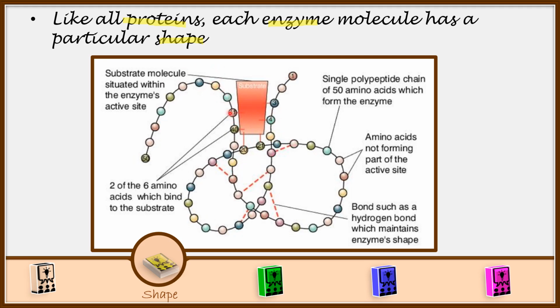So it forms a shape where that substrate can fit, and it will only work on this type of substrate because this is the only substrate that can fit in the active site. So it has only this particular shape to work on this particular substrate.